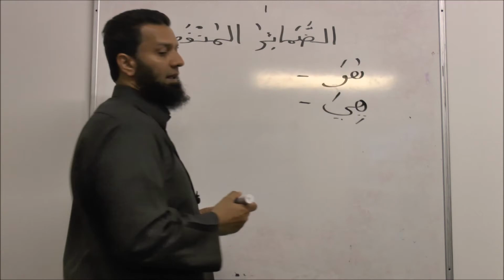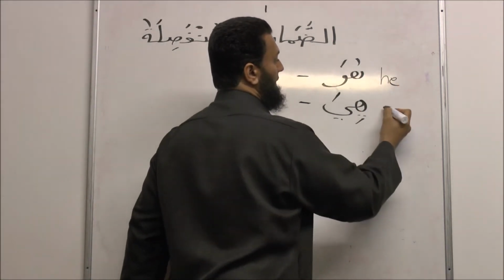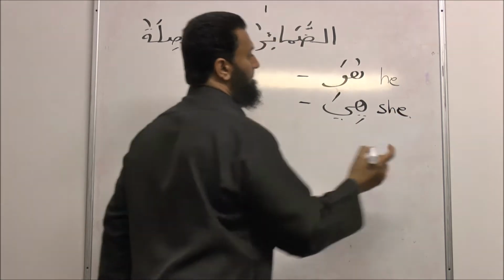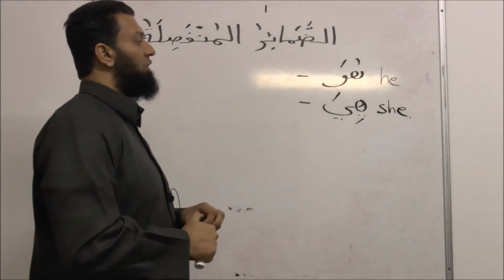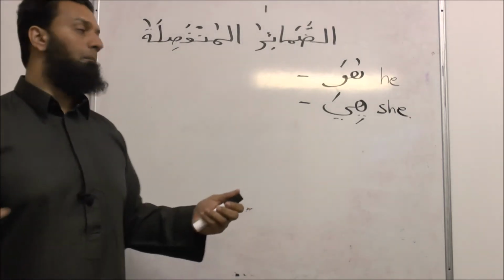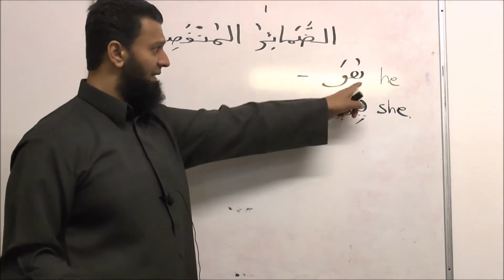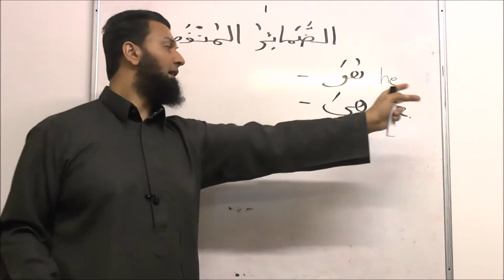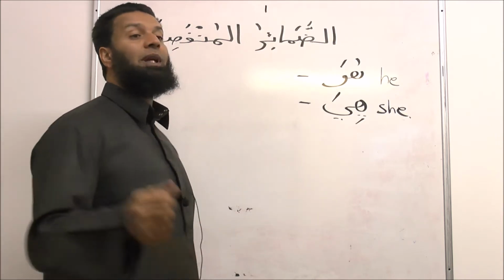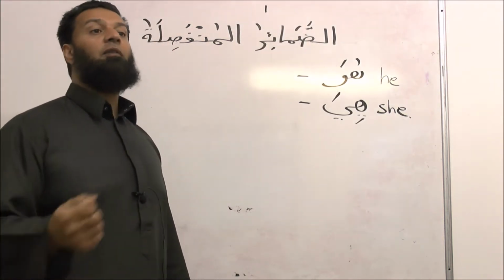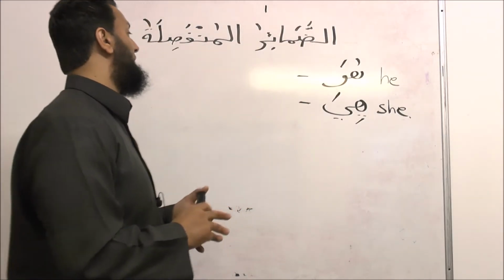Huwa and hiya. He and she. Both of them are used to refer to he and she, but they're also both used to refer to "it" when it refers to an object. Right, so what do we mean by that?